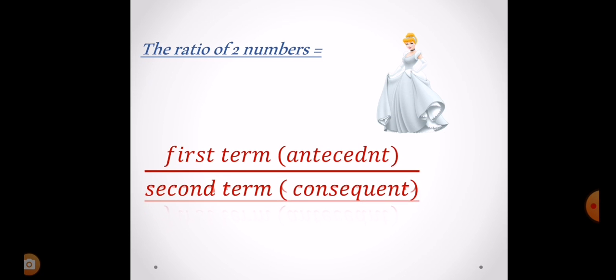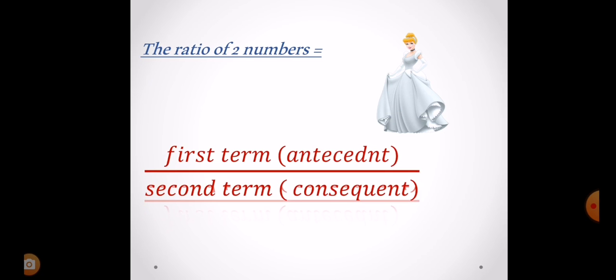The ratio of two numbers equals first term to second term. Here we say "to", not over. Order is important.